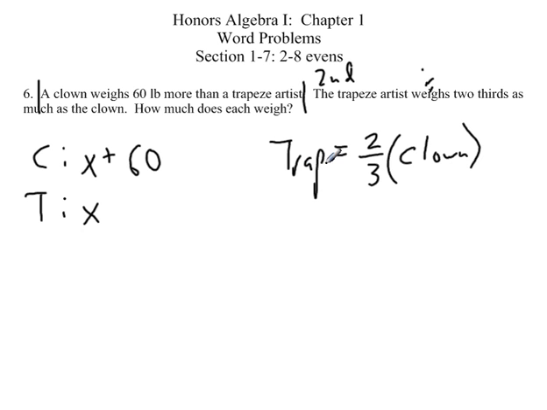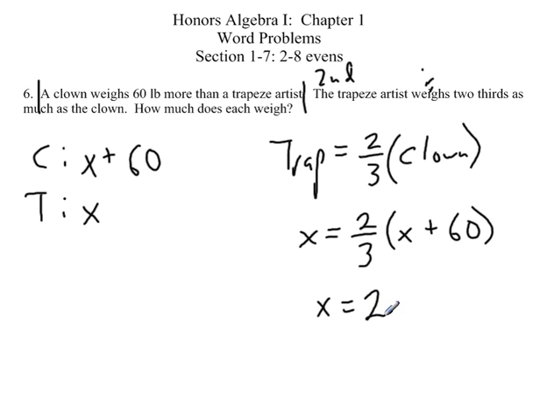So in place of trapeze artist, I'm going to put the X that we set right over here, equals 2/3 times X plus 60. Another way of showing that would be X equals 2 times X plus 60, over 3. That's still 2/3 of X plus 60, and it might help you see how to solve it easier if the fraction looks unfamiliar to you.